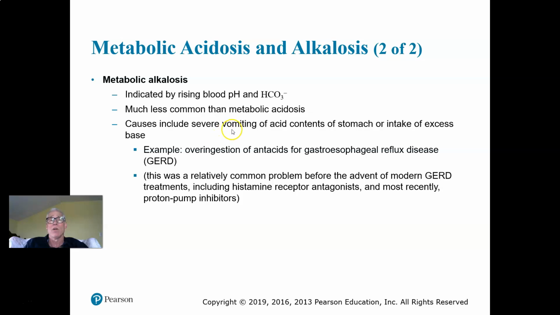If we vomit out a lot of acid from the stomach, well, again, when we talk about the digestive tract, we'll find out that the way that we acidify the stomach contents is by splitting carbonic acid into bicarbonate ions, which go into the blood, and hydrogen ions, which go into the stomach. So if we spew out all those hydrogen ions from the stomach, then we're going to be left with all those extra bicarbonate ions in the blood, and we're going to have a metabolic alkalosis.